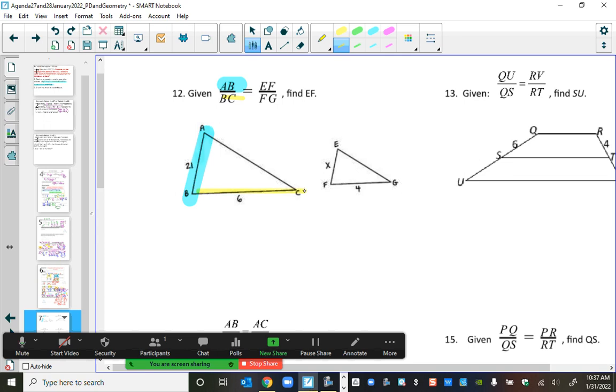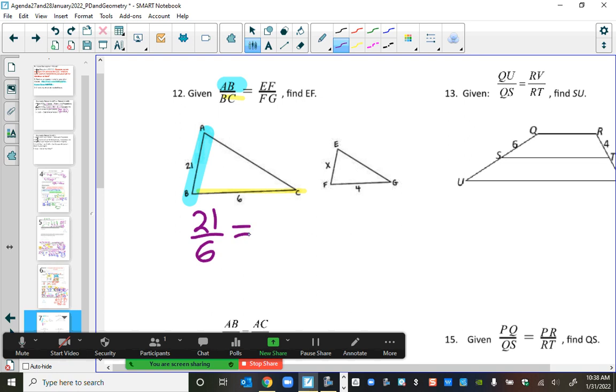Now I'm going to tell you one thing about these diagrams. They're going to sometimes make sides look longer than they really are, or they're going to make sides look shorter than they really are. And that's what all diagrams are going to follow. So AB we found out is 21, over BC, which we just said.